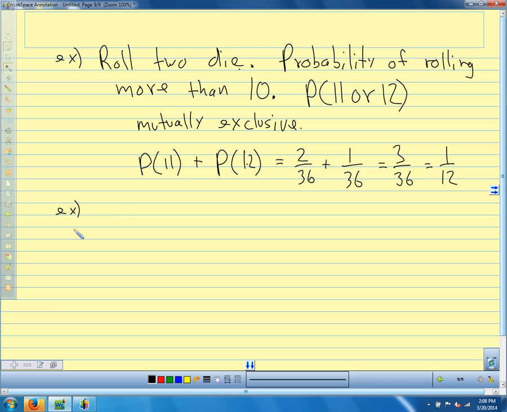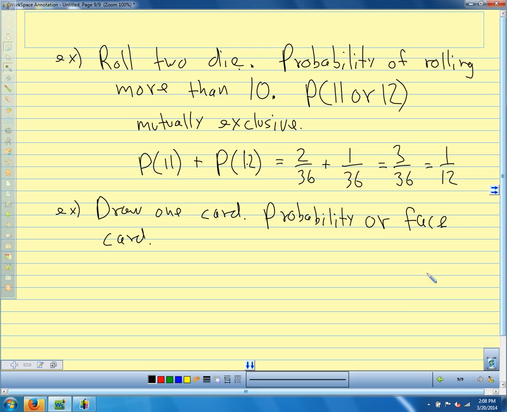All right, let's look at an overlapping probability. So we draw one card from a deck. We want the probability of a club or a face card. Well, some clubs are face cards, right?